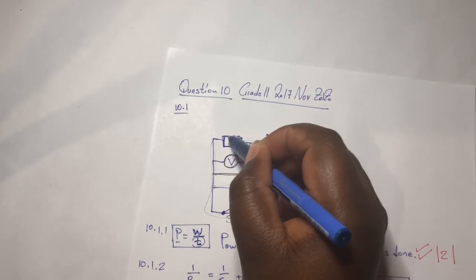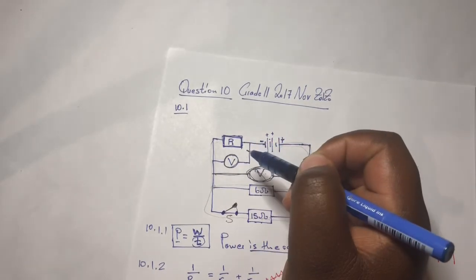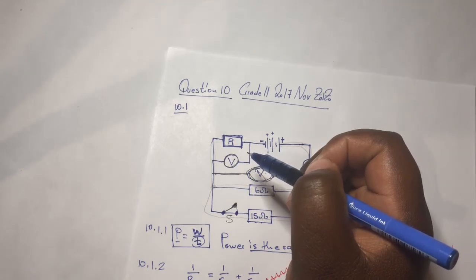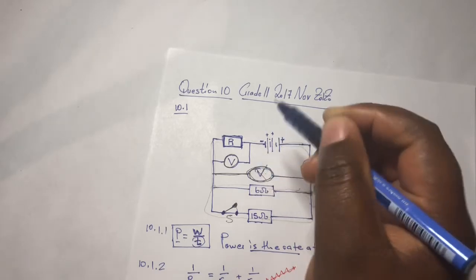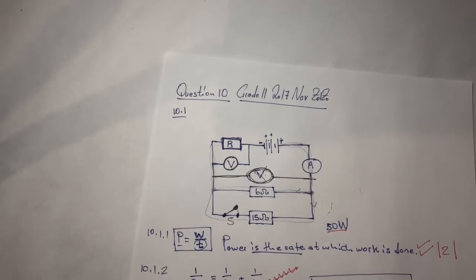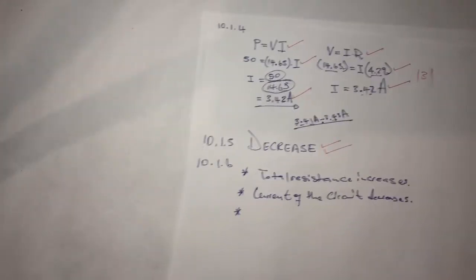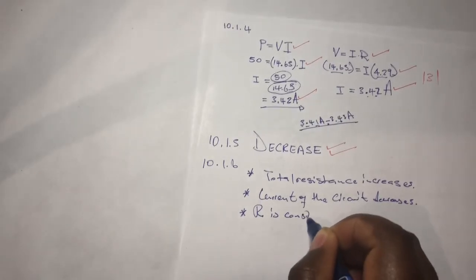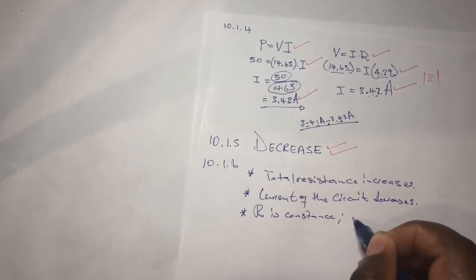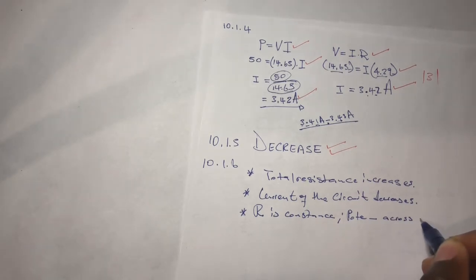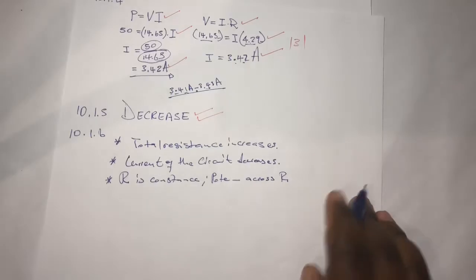You are not in any way influencing the resistance of that resistor. So as a result, the potential difference across this resistor R decreases. You can just say R is constant, and therefore the potential difference across resistor R decreases.